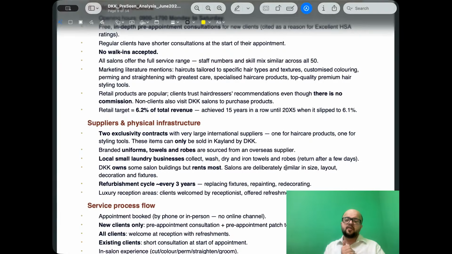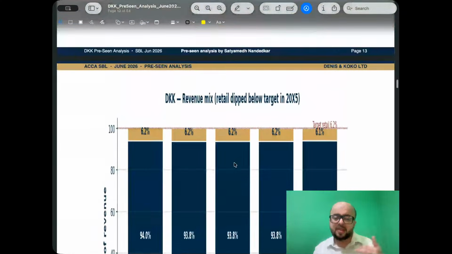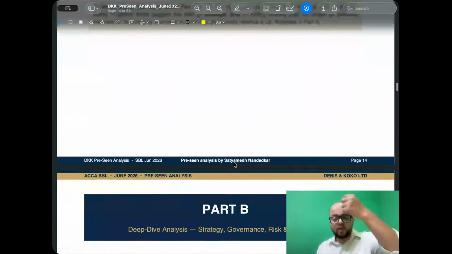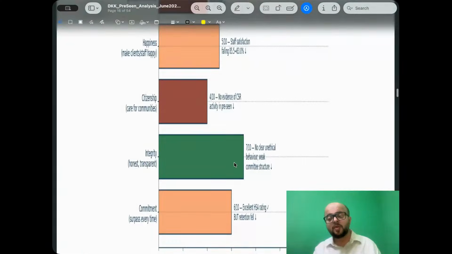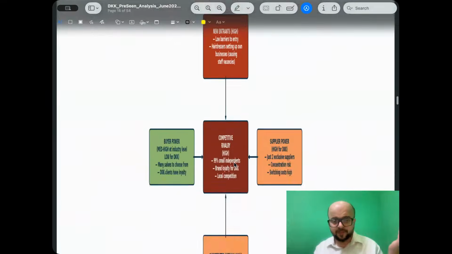One is specifically for hair care products, where that brand's hair care products in Kaeland can only be sold by DKK. The other is for styling tools, we're talking about all those straighteners and Dysons and all of that. So these are the two exclusivity contracts, with the suppliers. Their product in Kaeland can only be sold by DKK and not by anyone else.